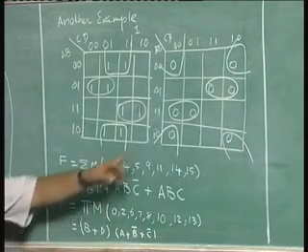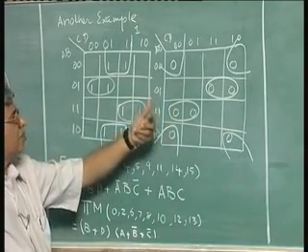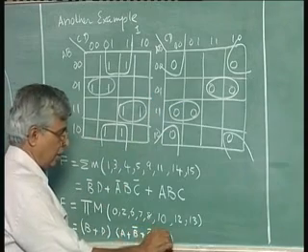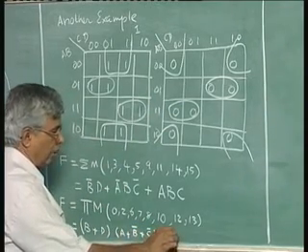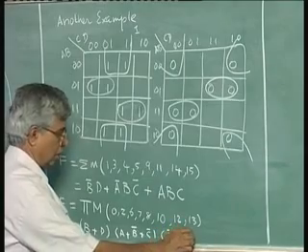And finally this 2 ones, if there are ones that will be read as A, B, C bar, that will be read as A bar, B bar, C.